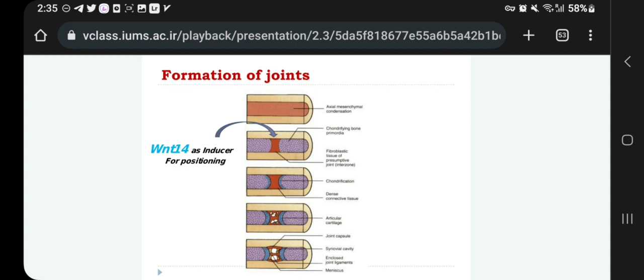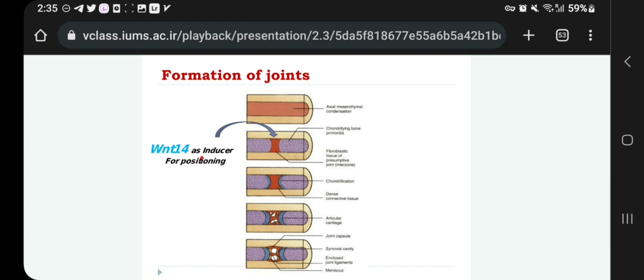We have a joint between the bones, and in this area we can move the bones relative to each other. The site of the joint we call the interzone area.